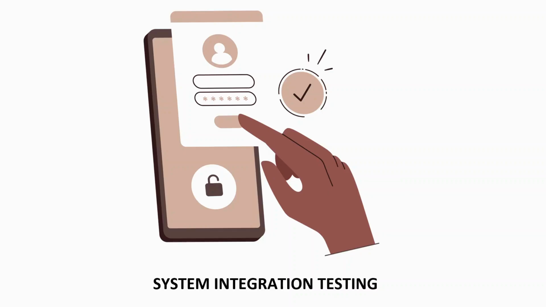Once the system testing is done, then it is time to do system integration testing. System integration testing mainly focuses on verifying the system's integrations or interactions with external services. A good example could be online shopping.